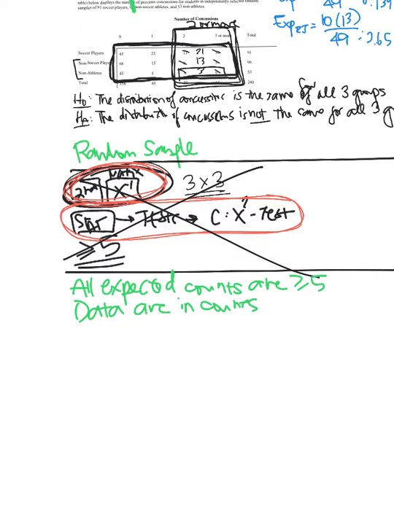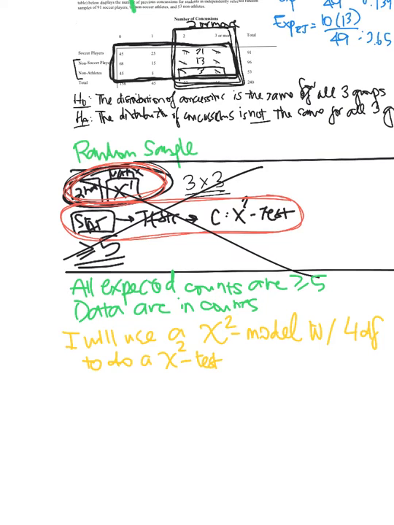So statement is that I will use a chi-square model with, now remember we changed the dimensions of our table. We have a 3 by 3 now. And so to find degrees of freedom, you subtract 1 from each of those numbers and multiply. So 3 by 3 minus 1 gets me 2 times 2, which is 4 degrees of freedom. To do a chi-square test for homogeneity.